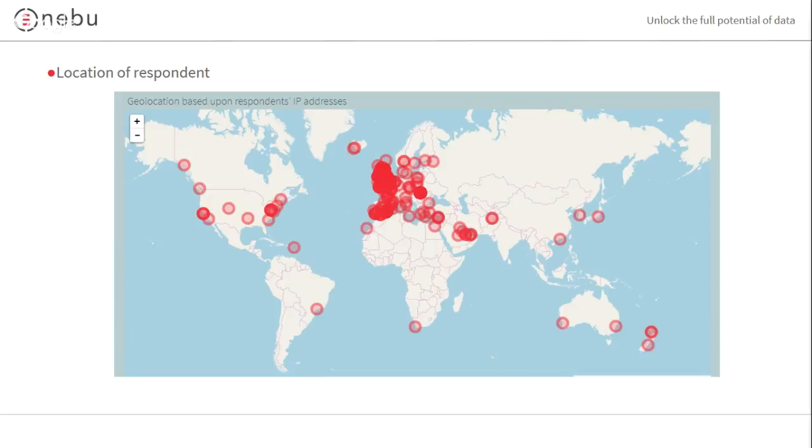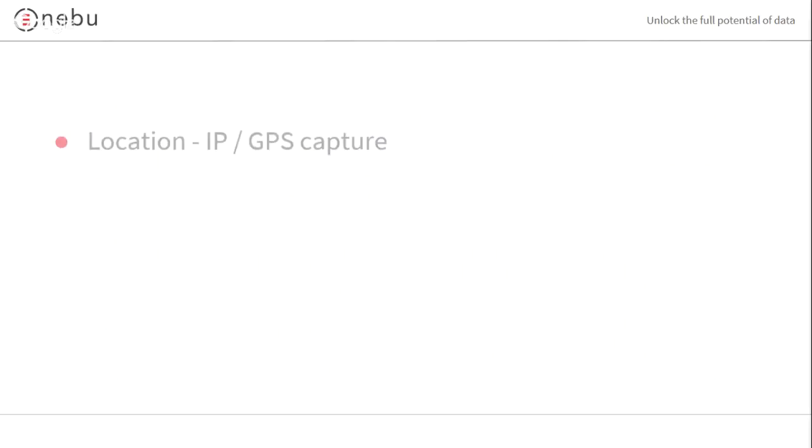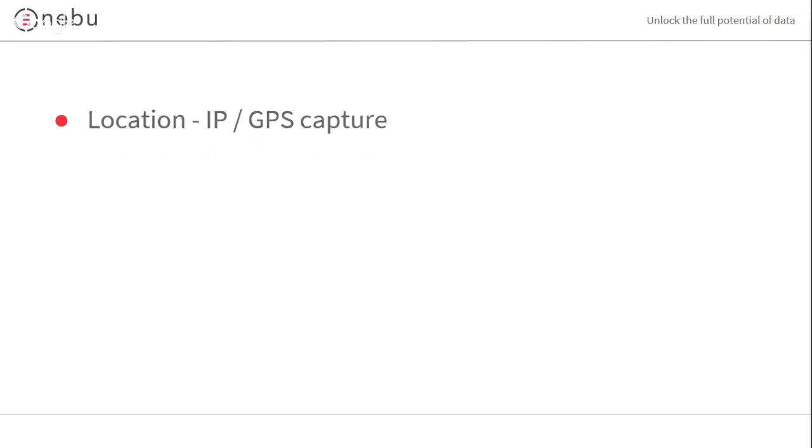So location is quite a useful indicator. And being able to do that IP capture, which is automatically done in Nebu's data collection software, the same with the GPS capture, which can be put into the CAPI app, pulling down where those CAPI interviews have taken place. This can help by indicating any fraud by your agents or the respondents.